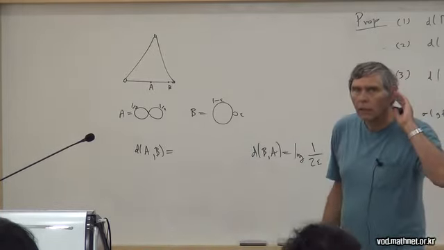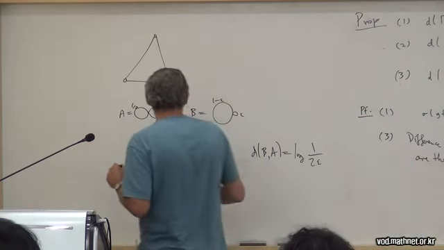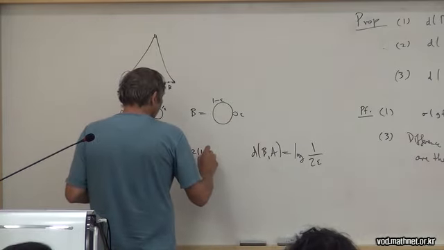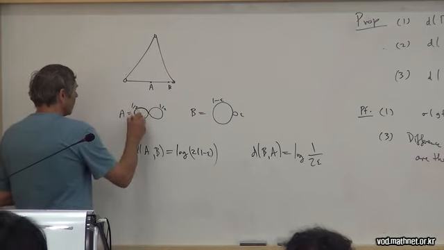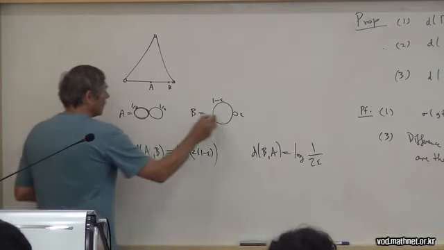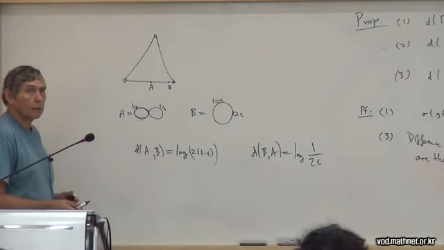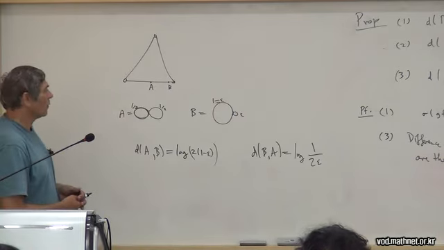Log of 2 times 1 minus epsilon, right? This is the curve that starts out as 1/2 and then goes to 1 minus epsilon. Does everybody see this? Now, what kinds of numbers are these?